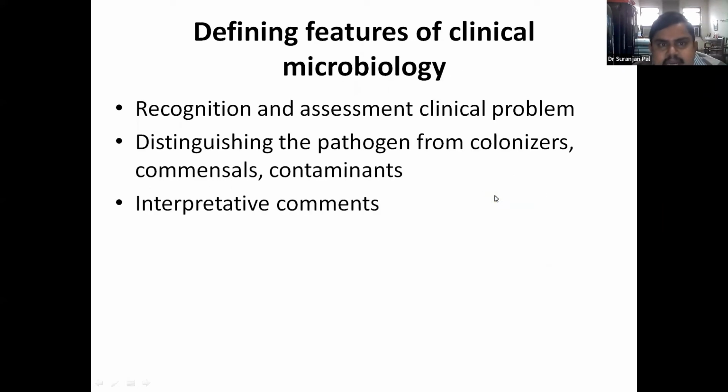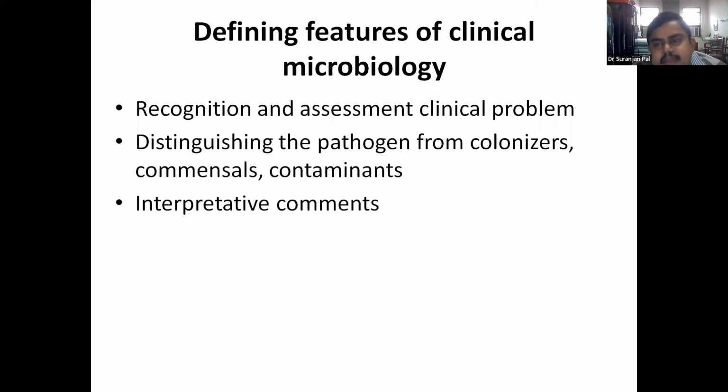Next are the defining features of clinical microbiology. Now, what makes a clinical microbiologist stand out against the traditional microbiologist? The clinical microbiologist must recognize and assess the clinical problem.